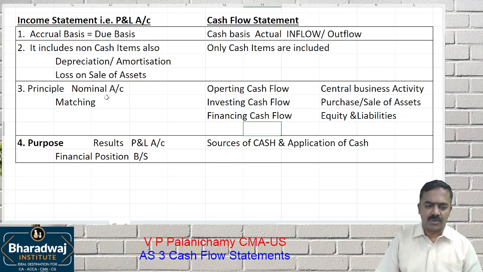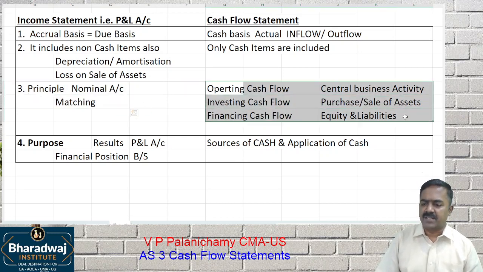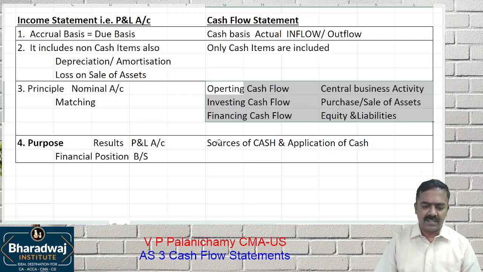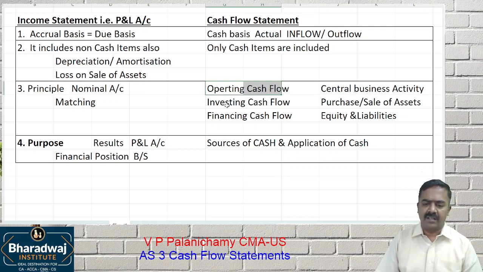Actual inflows and outflows. Will you go for nominal accounts, income and expenditure, or classify based on business activities? Business activities. And we want to show inflow and outflow of cash in every activity: operating, investing, and financing cash flow.